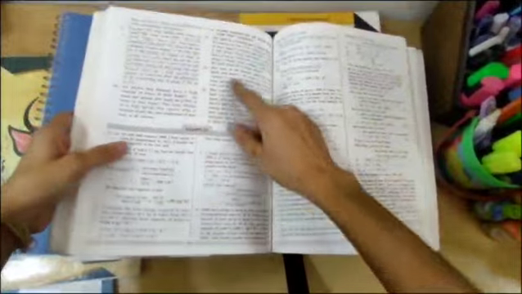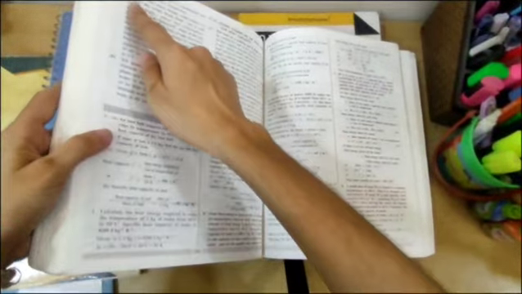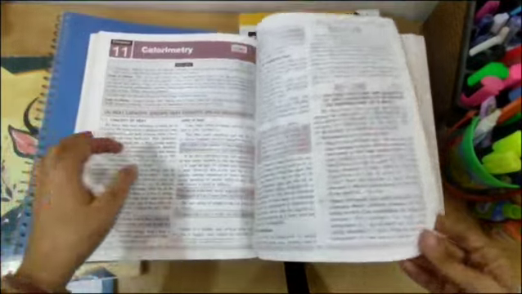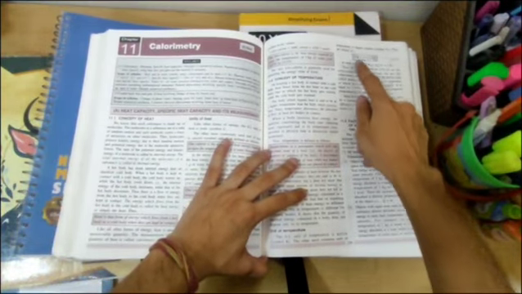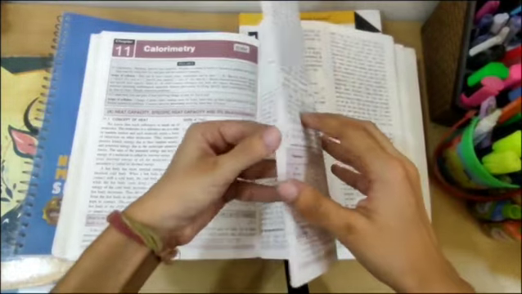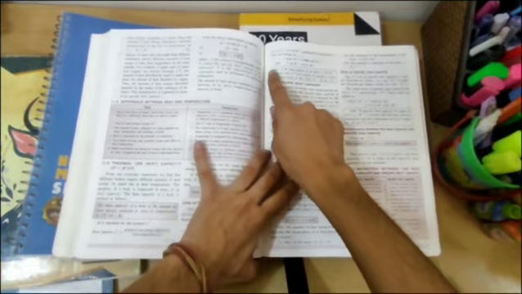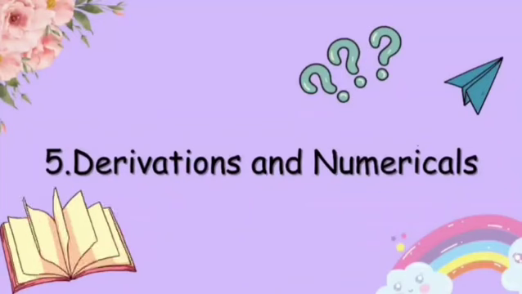As you can see, this is the heat chapter. These are the examples, and this is where the questions actually come from. It will not come from the other theory which is given. You just need to know the theory. These boxes are helpful as these are the equations and definitions. You should write these only if the definition is asked, and the note section, as I have already told, is important.